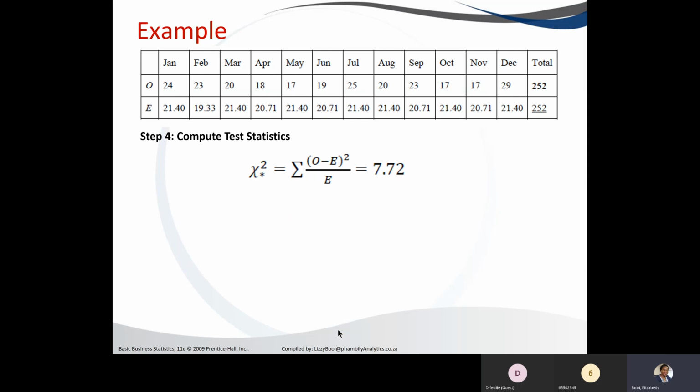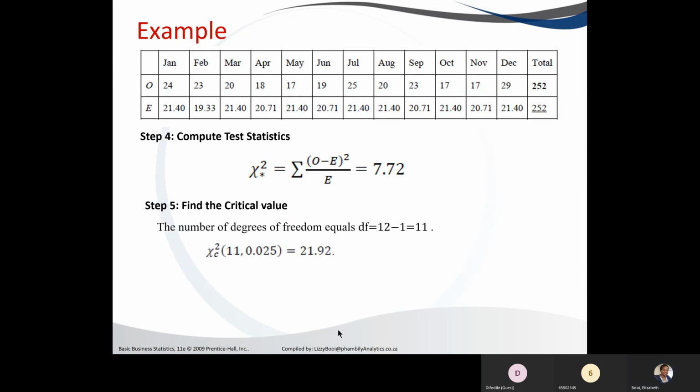Okay, so once we've calculated the test statistic, now we need to go and find the critical value. Remember the critical value, we use the number of rows minus 1 times the number of columns minus 1. So how many rows do we have?